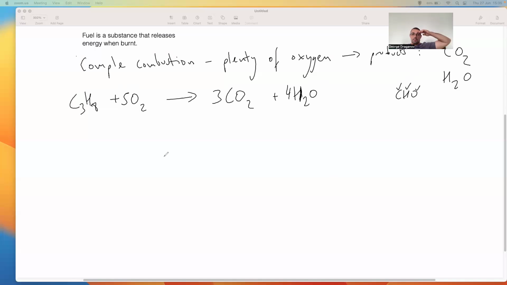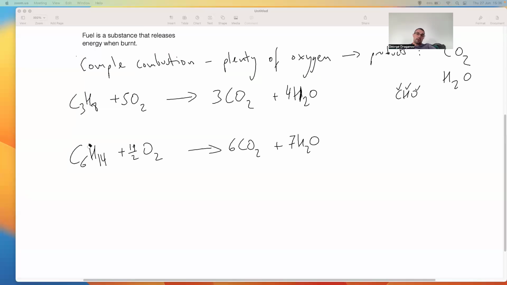Let's do one more example. Let's pick C6H14, because it's 6 times 2 plus 2. So you lay it out like this. Carbons first, 6, then 14 hydrogens, so 7 times 2. Add up your oxygens, 12 plus 7 times 1 makes 19. So this must simply be 19 over 2.